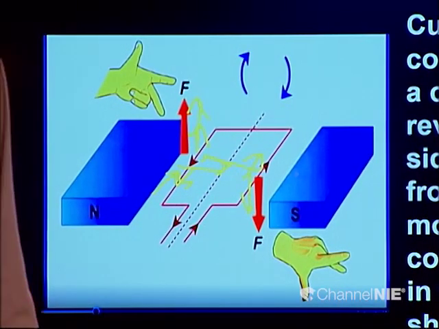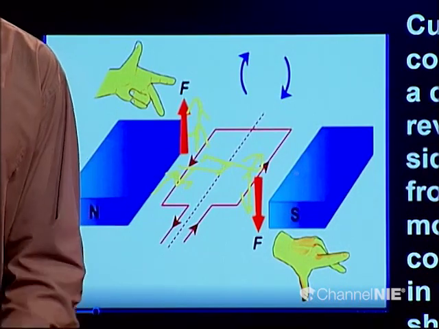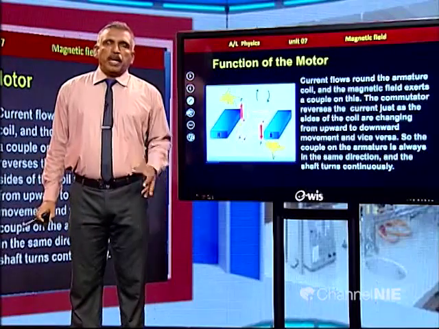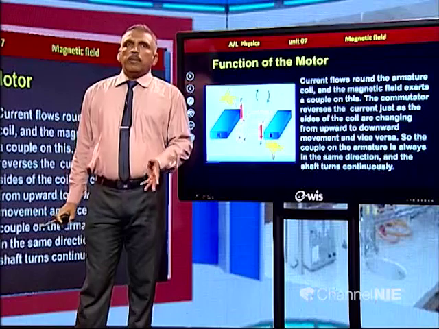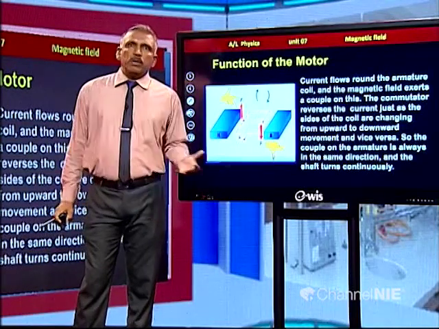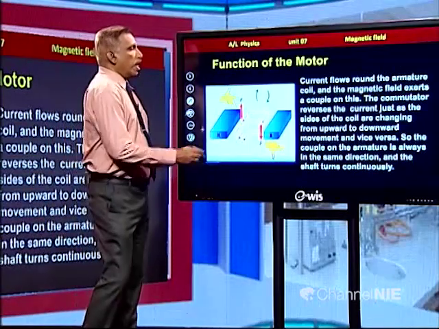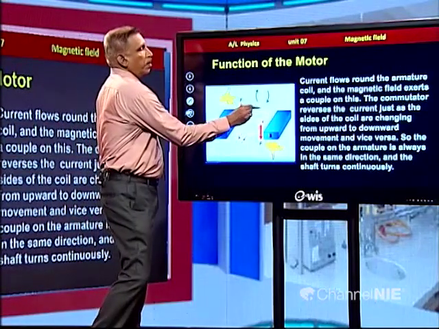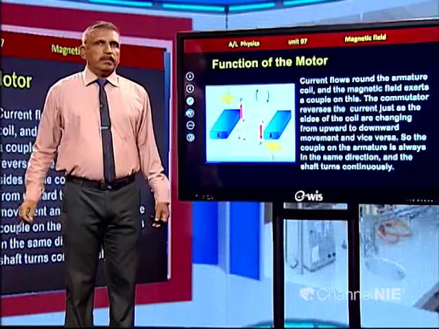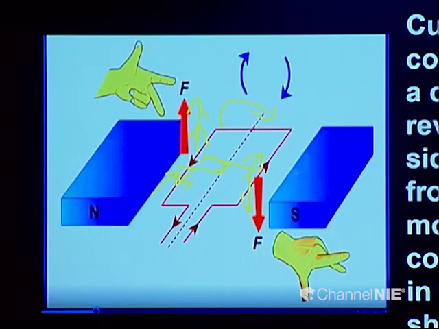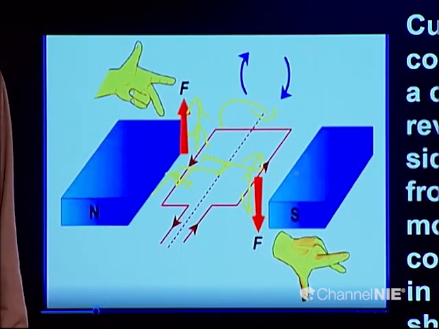Like we saw in the moving coil galvanometer, there is a torque applied on that coil, therefore it turns. Here also, the torque acts on this coil and the coil will turn in a clockwise direction. So the motor will rotate. This is the basic principle of this motor.